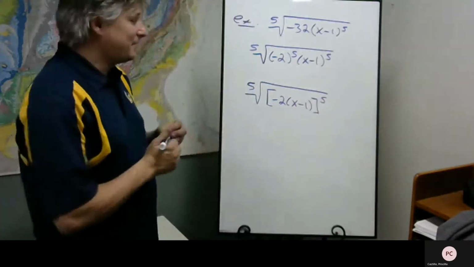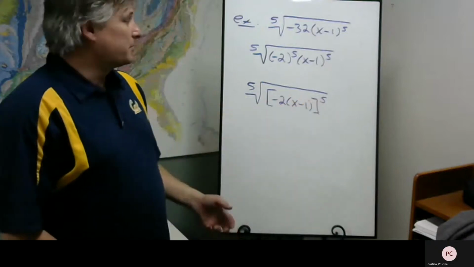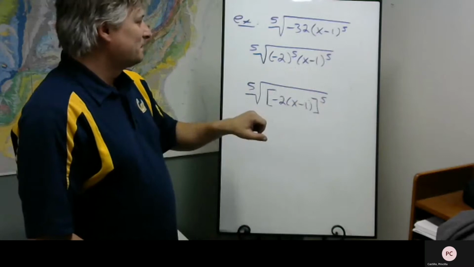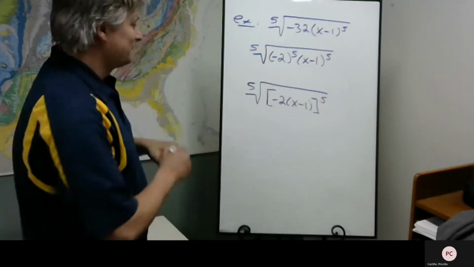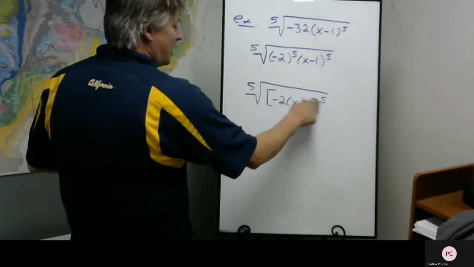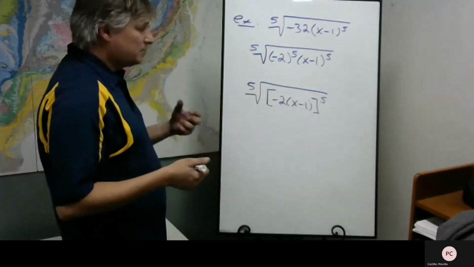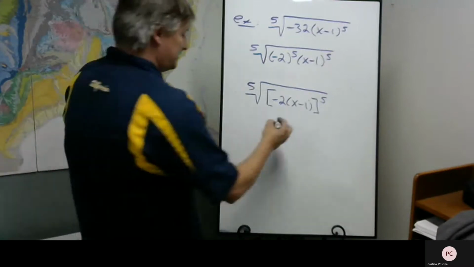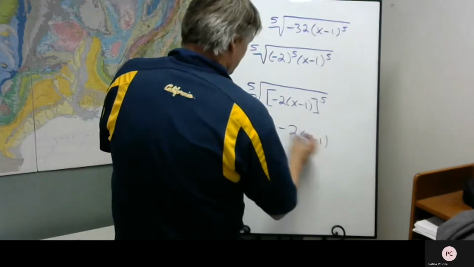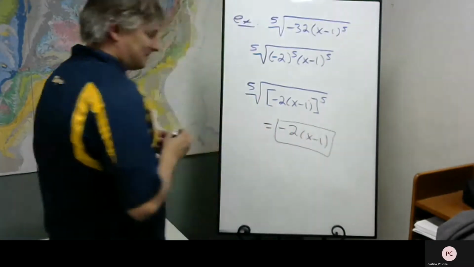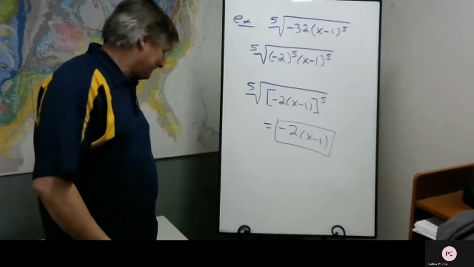We can write it like that, where we would distribute the 5 as an exponent to get this. And then negative 2 to the 5th gives us negative 32. So since it's an odd root, odd exponent, and the odd root and the exponent match, this just passes through. That's going to be your answer.